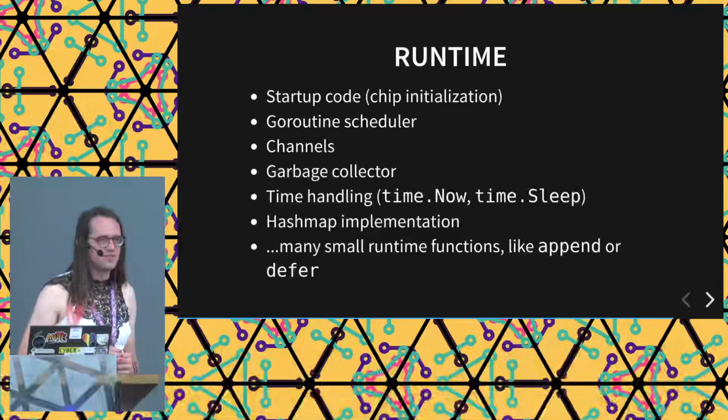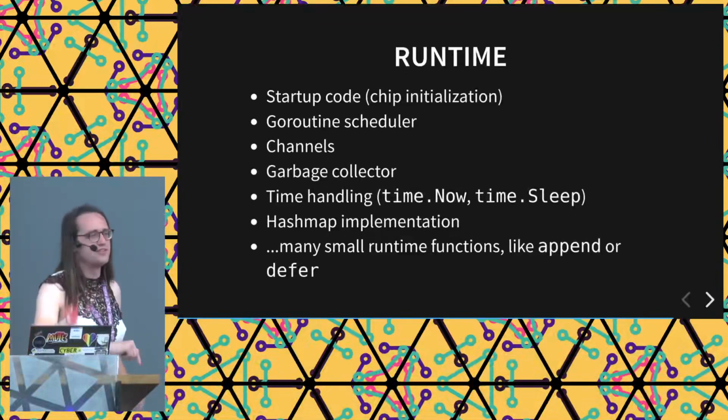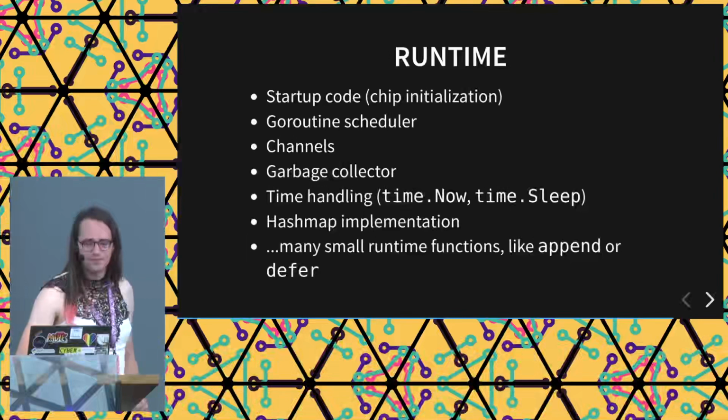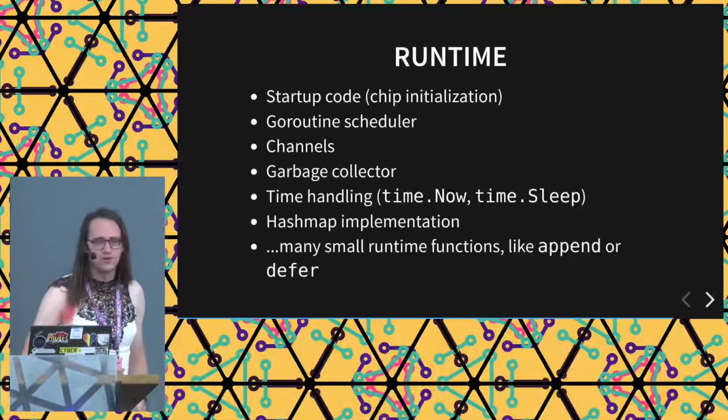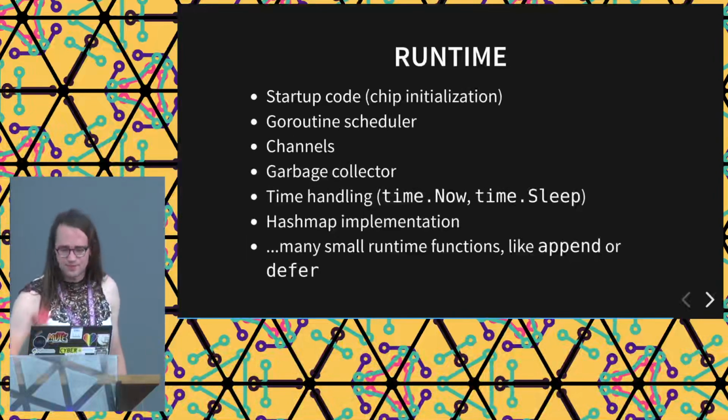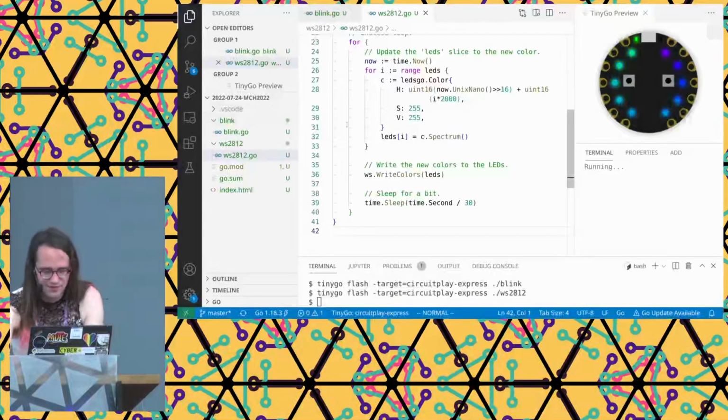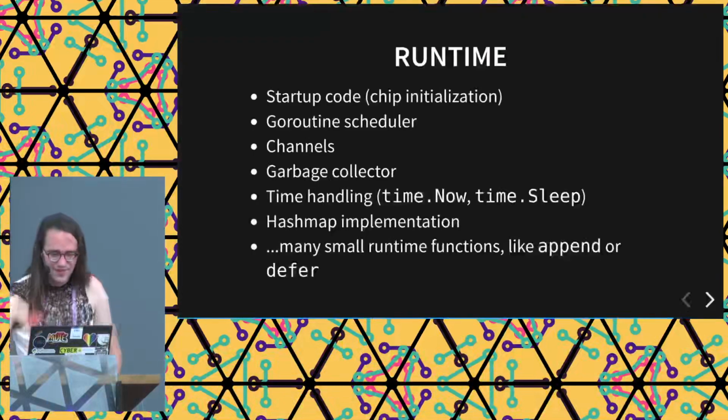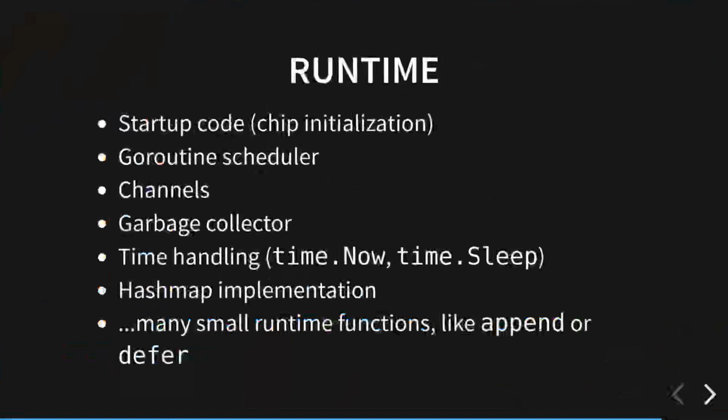Often the chip has to be set to a higher frequency, stuff like that. So that's the startup code, which is in the runtime. And then it calls the main function, as I showed earlier in the code, like this one. And of course, there are many other things like scheduling.